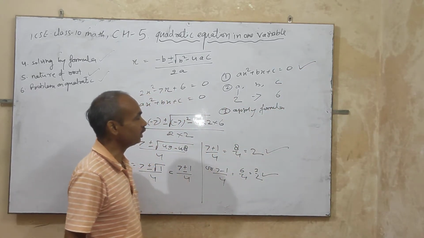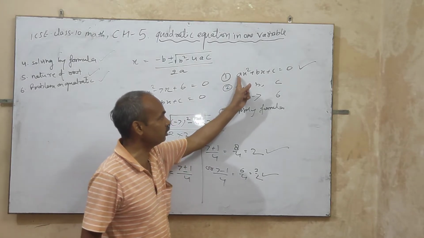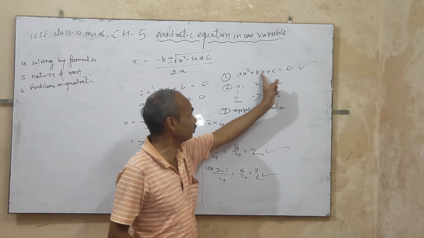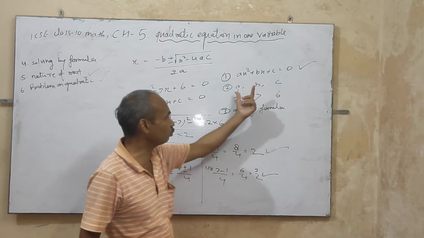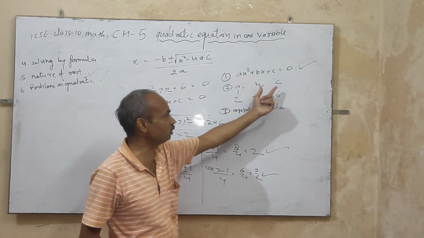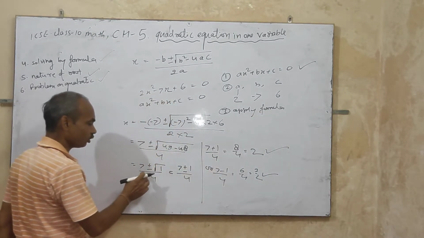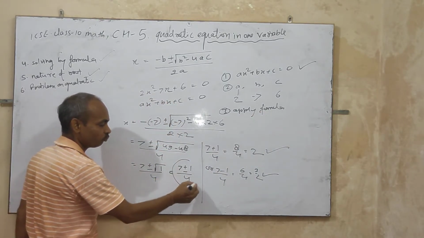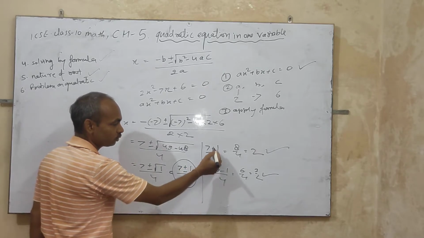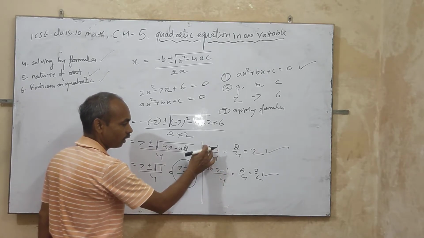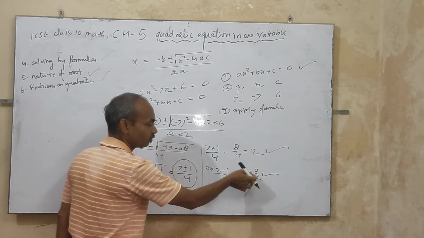Then compare the equation with ax square plus bx plus c to get the values of a, b and c, and then apply the formula. And after solving, separate the plus and separate the minus into two parts to get the two answers.